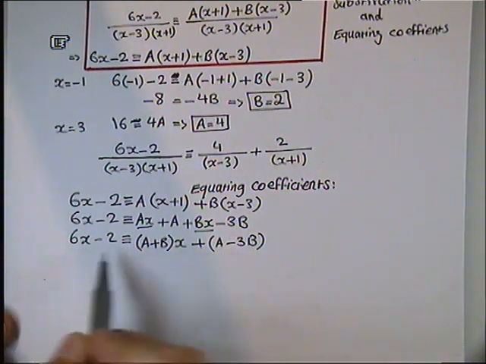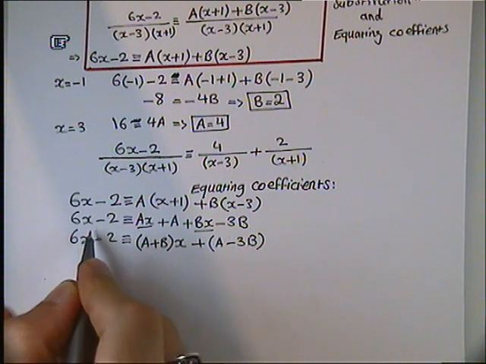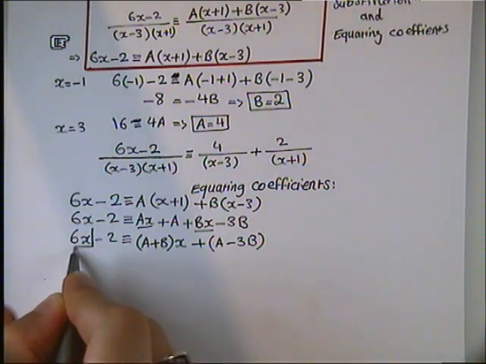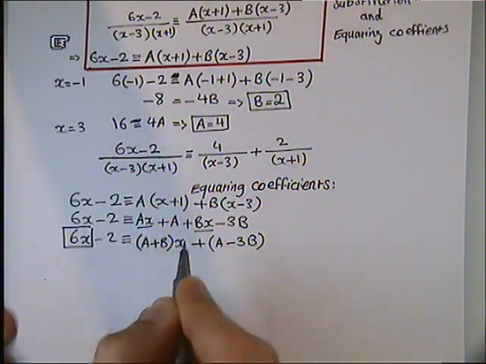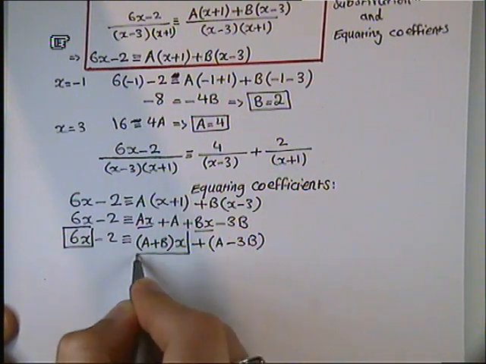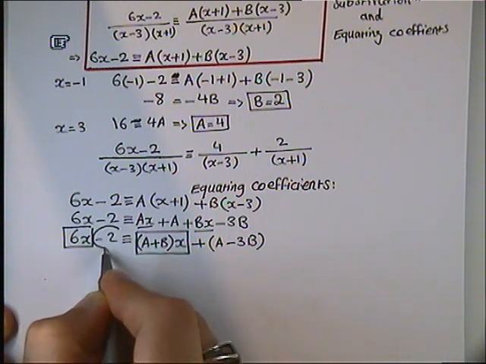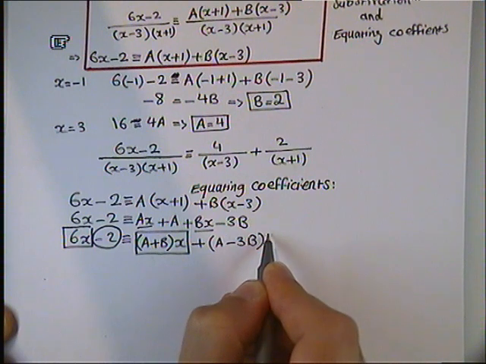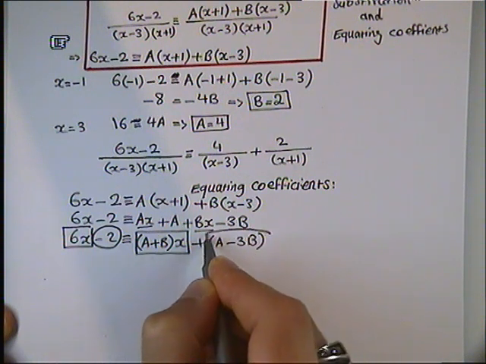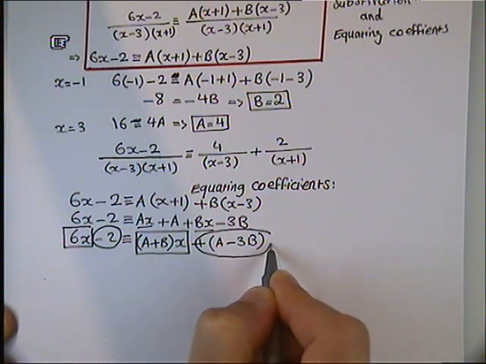For these to be identical, this one, the coefficient of x, must be equal to the coefficient of x here. And this one, which I circle, must be equal to this one.